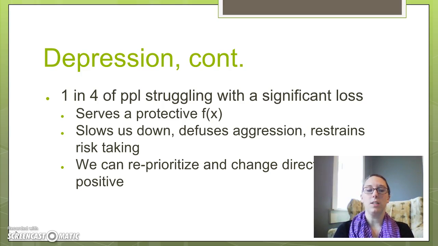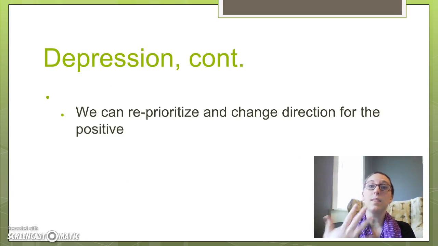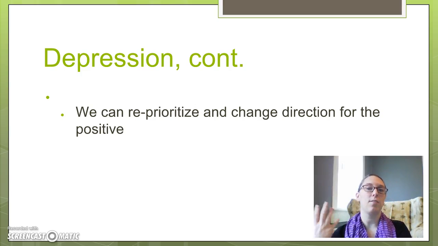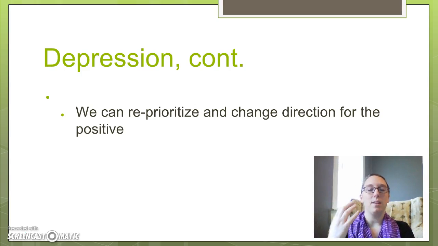When people are experiencing a depressive episode, they sometimes, after coming out of that depressive episode, say that it allowed them to realign their priorities, maybe change their direction in life more for the positive. But this is just maybe like a potential silver lining, and I'm even uncomfortable saying that. I'm just sort of running you through the potential reasons why depression is so common. There might be, from an evolutionary perspective, a reason why it is in our genetic code, and that's one of them.